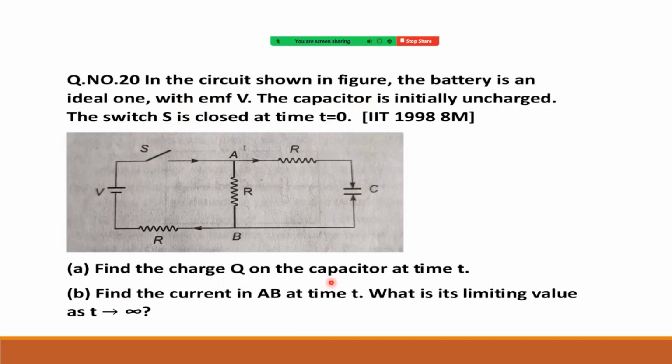Find the charge on the capacitor at time t. Next, find the current in AB at time t. What is its limiting value as t tends to infinity? Okay. So asked for 8 marks in 1998. Let us see how to solve it.